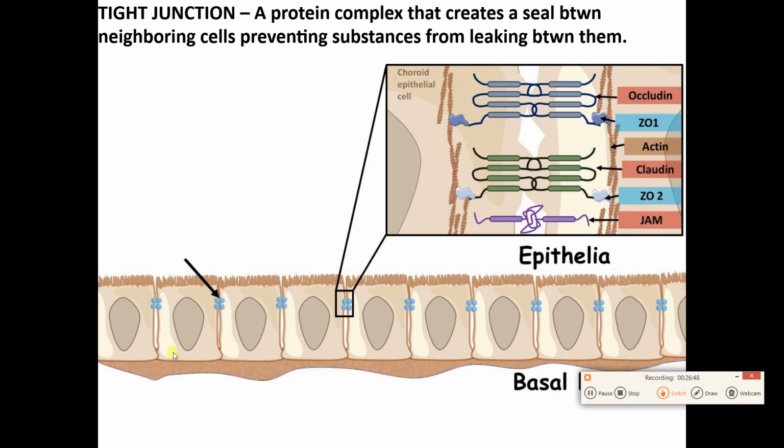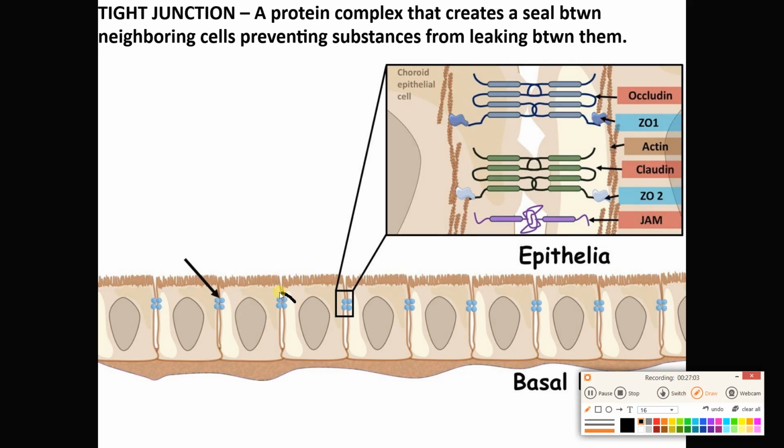So what I've got here are some neighboring epithelial cells. There's their nucleus, some neighboring epithelial cells. I see some microvilli on their apical surface here. And these neighboring cells have tight junctions linking them together.